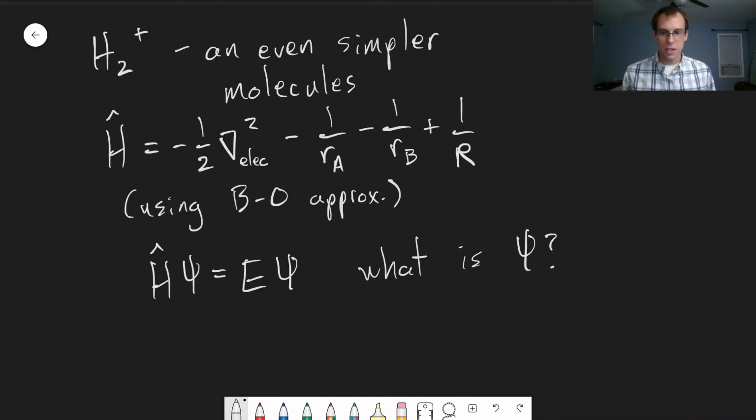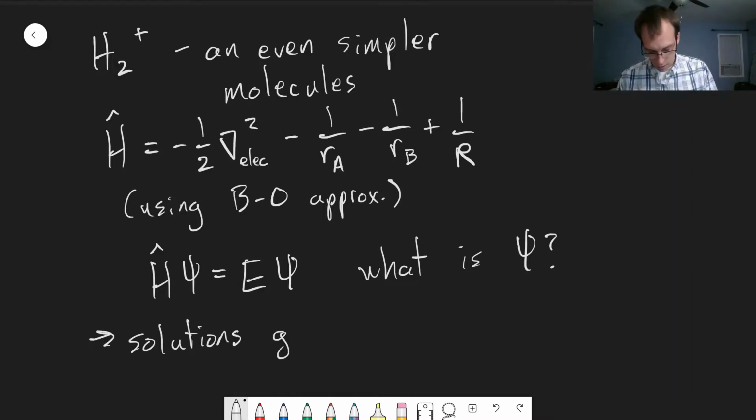And one thing we'll see with this is that just like we did with atoms, where we have atomic orbitals, the solutions here give us molecular orbitals. So these are wave functions for the electrons that stretch out over the whole molecule.